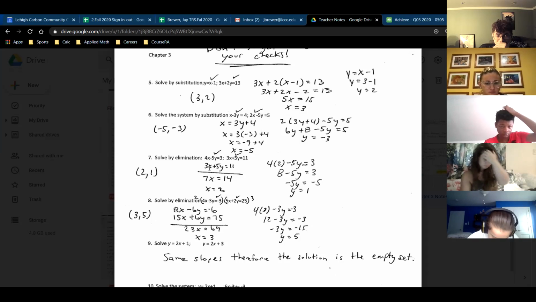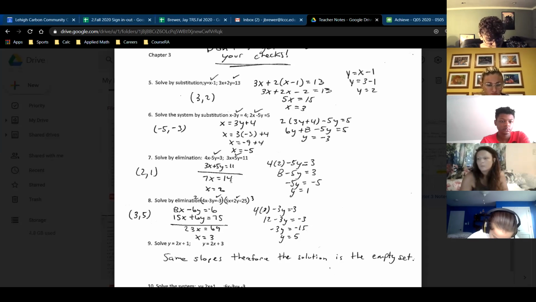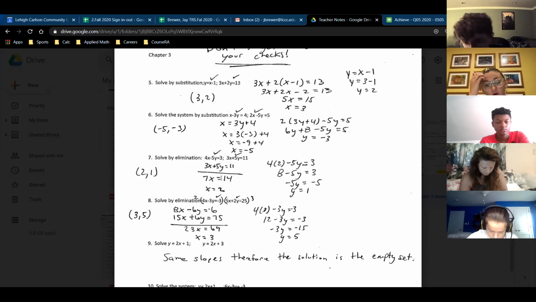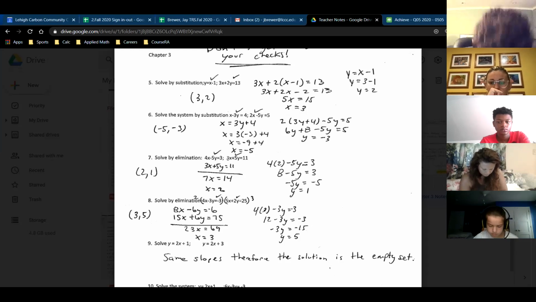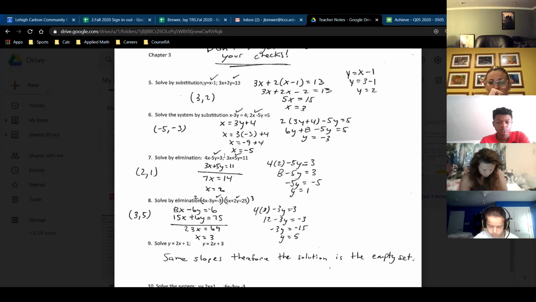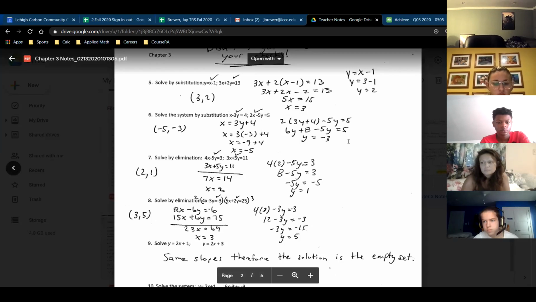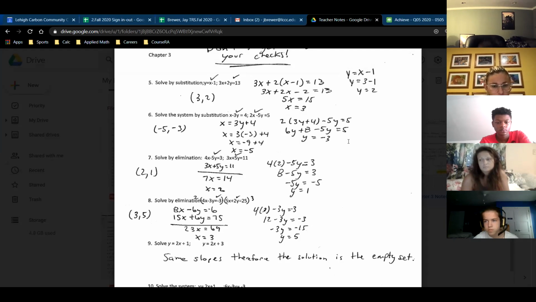And then you get 4x plus 3x, and that gives you 7x, and then 3 plus 11 gives you 14. So the point of that is so you eliminate the y value. Like you eliminate the y completely, and then that way you just get x left. And then once you have x left, you plug that into the opposite equation. Okay. All right. Thank you.